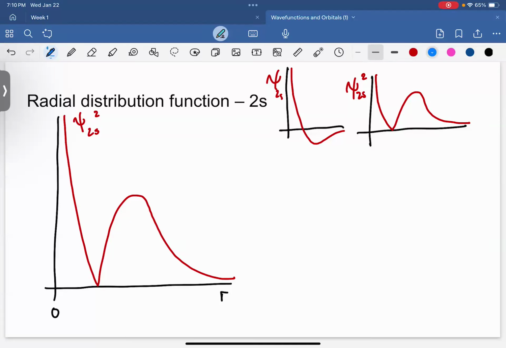My r squared still looks the same. And now when I multiply these two things together, I'm going to get something interesting happening, which is I've got two locations where the function's got to be zero, because here r squared is zero, so that's got to be zero. And here psi squared is zero, so that's got to be zero. So what I end up getting is something that looks like this.